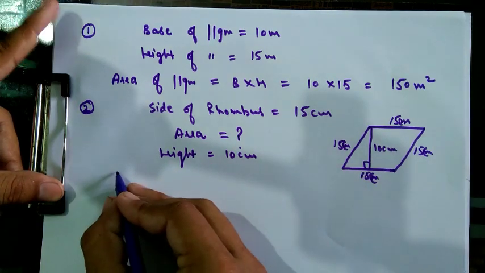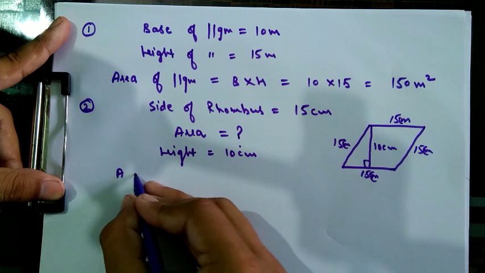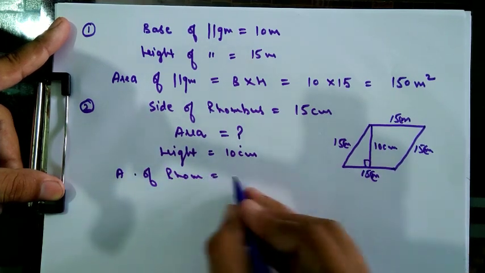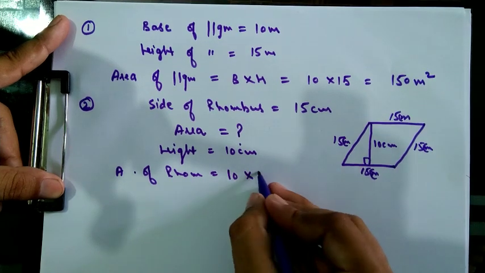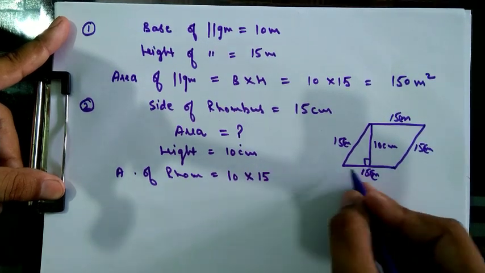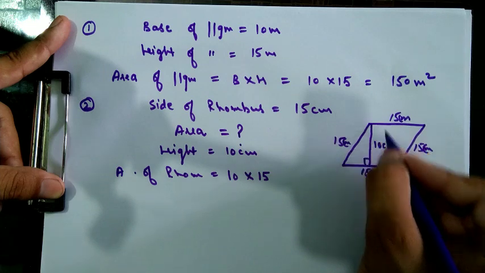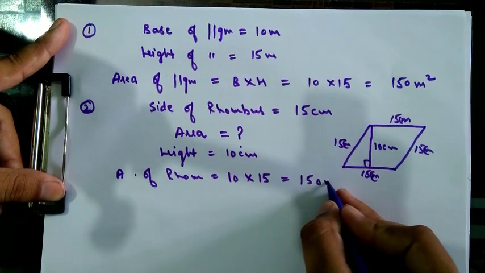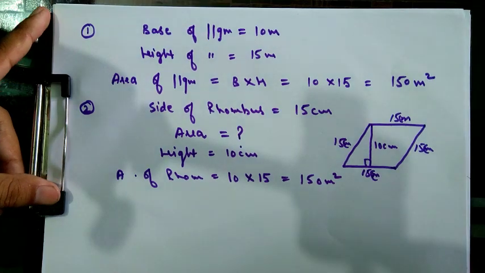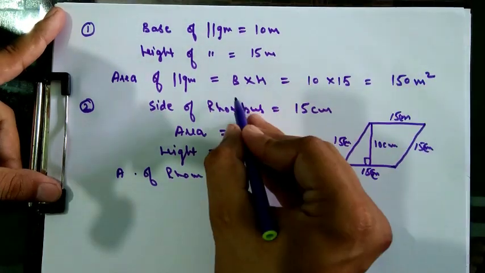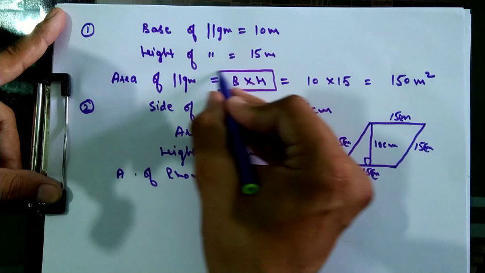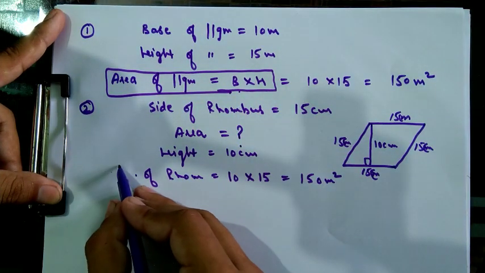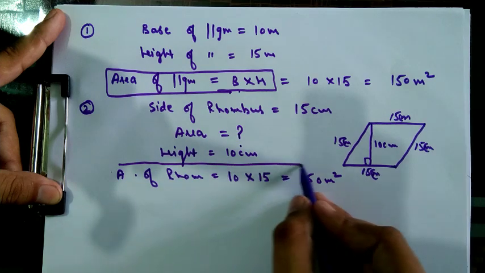So area of rhombus is equal to 10 multiplied by 15, base into height or height into base. Here again it's the same area. So this formula you can use in the case of a simple parallelogram and also in the case of the area of a rhombus.